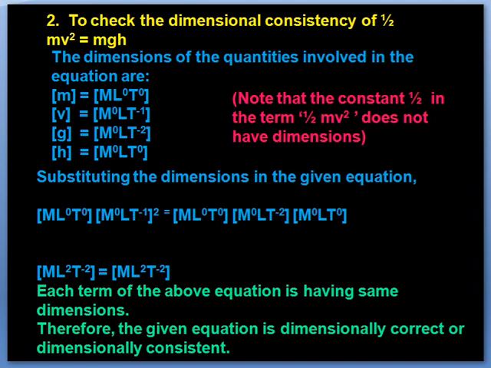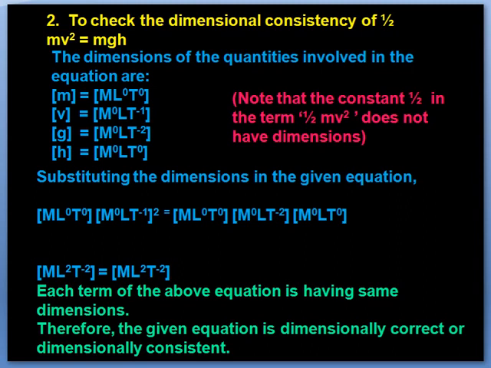So second point, to check the dimensional consistency of half mv square equals mgh. Half mv square is kinetic energy and mgh is potential energy. So both are energies. If the dimensions of both sides are equal, then we can say that half mv square equals mgh are consistent.